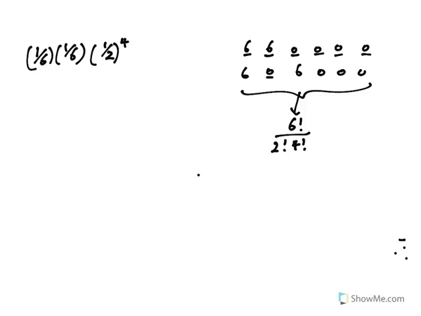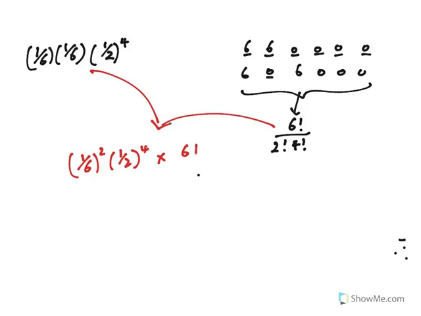So this will be the total number of ways I can obtain 2 sixes and 4 odd numbers, multiplied with the probability of 1/6 twice and 3/6 to the power 4. This gives me 5/192. Right, so this is one way to look at part 1.